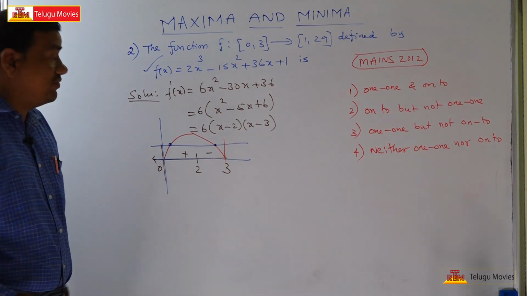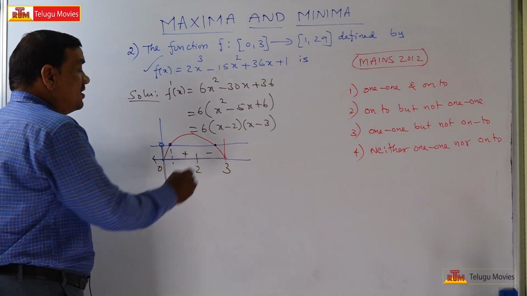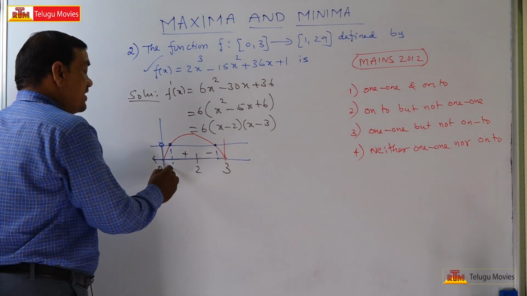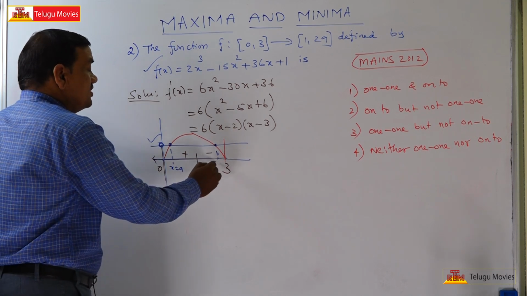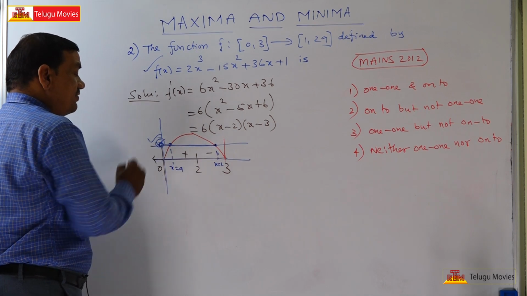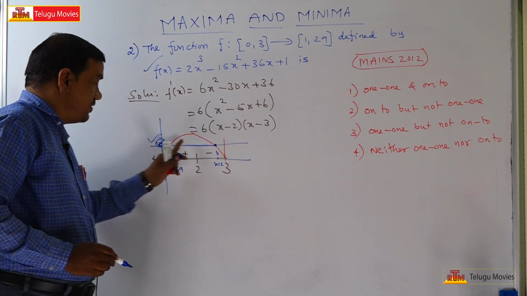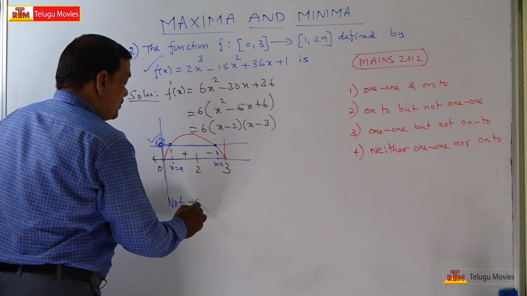Therefore, it is not a one-one function. For this value the image is this, and for this value also the same image. For 2 elements, you are getting the same image. Therefore, it is not one-one.